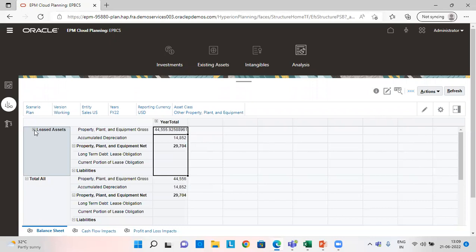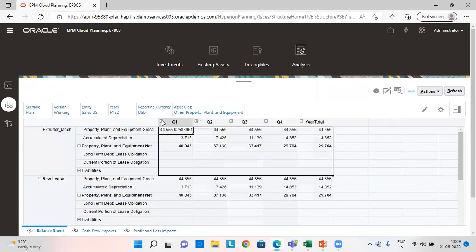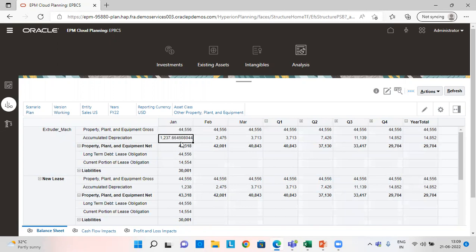Let's expand this. We can see this amount in the first month because of the payment frequency and payment timing, which was at the beginning of the year.